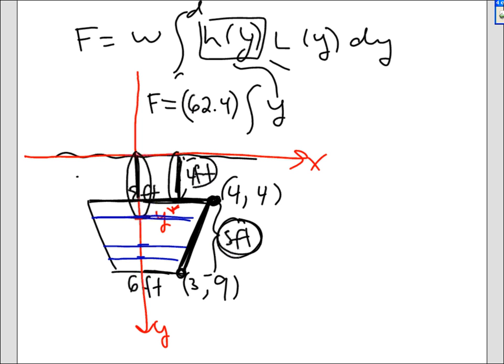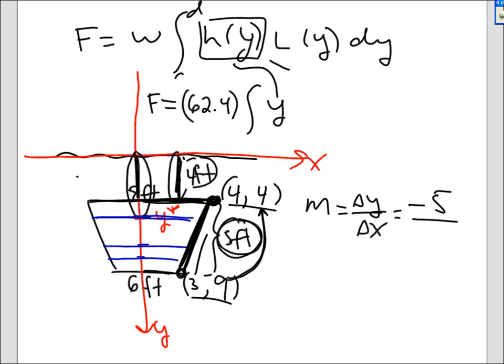I want to find the equation of this line. Well, I have 2 points. The slope is the change in y over the change in x. If y goes from 9 to 4, it went down 5. And if x goes from 3 to 4, it went up 1.